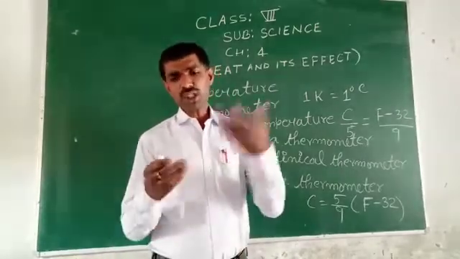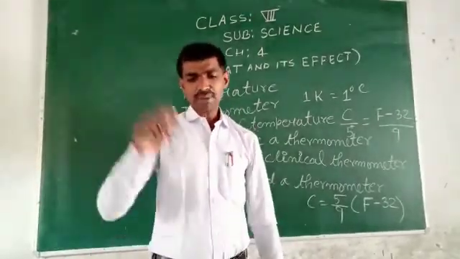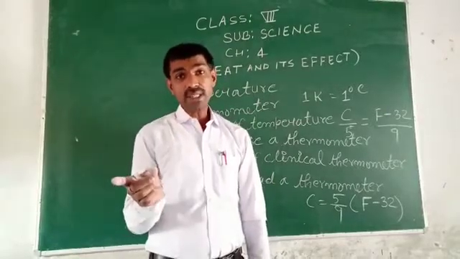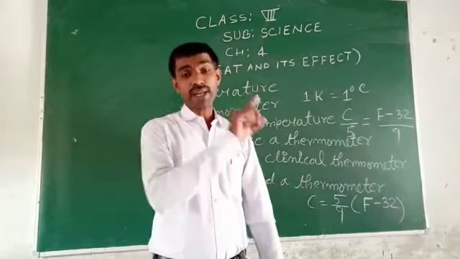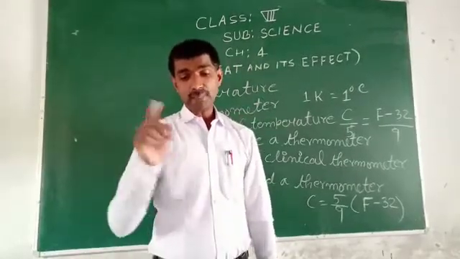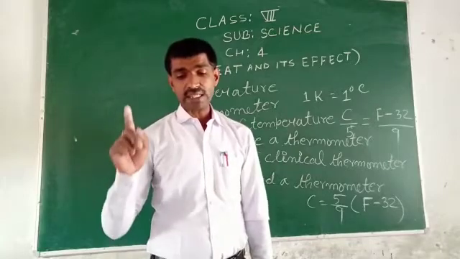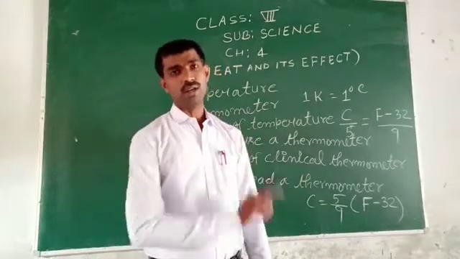So there is a digital thermometer. What about the digital thermometer? The digital thermometer is an electronic device that measures the temperature. It is not made of glass and does not contain mercury or alcohol.